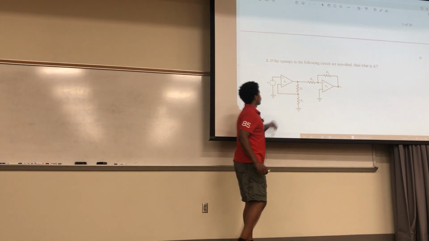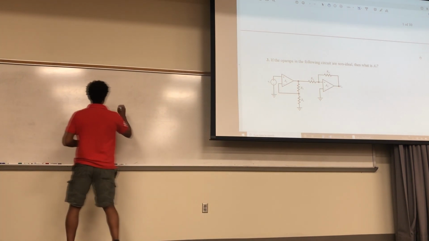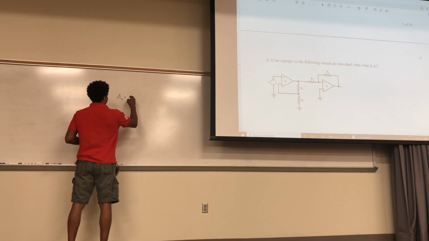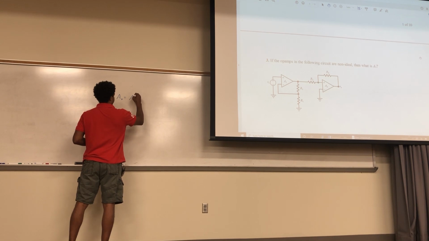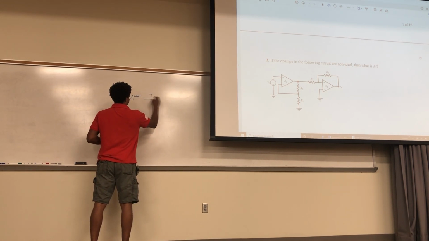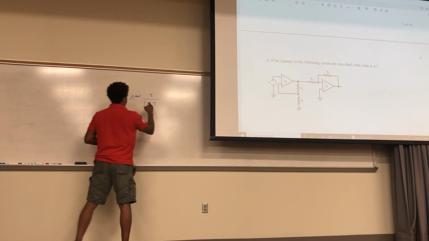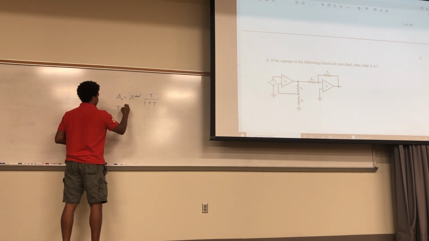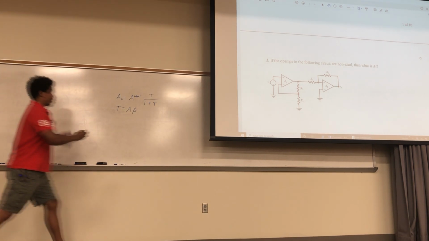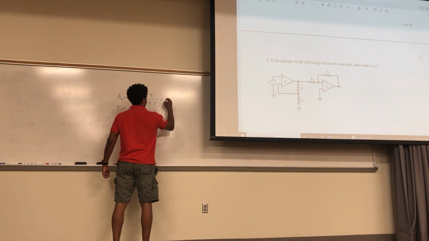Also you know that for non-ideal, AV is A ideal multiplied by this right here. And we know what T is, the loop gain, that's A beta, right? Or you could just write it like this.